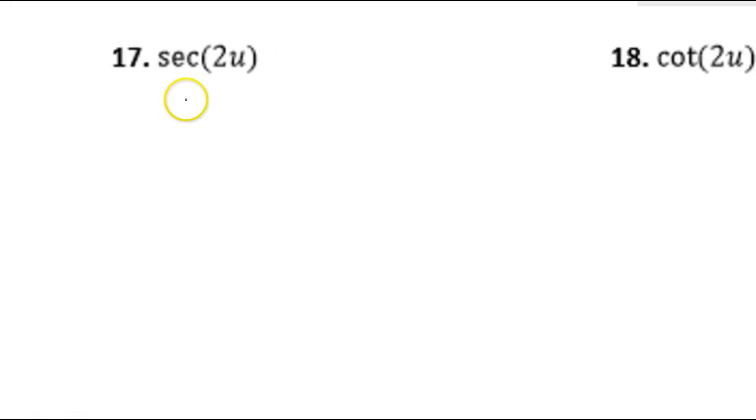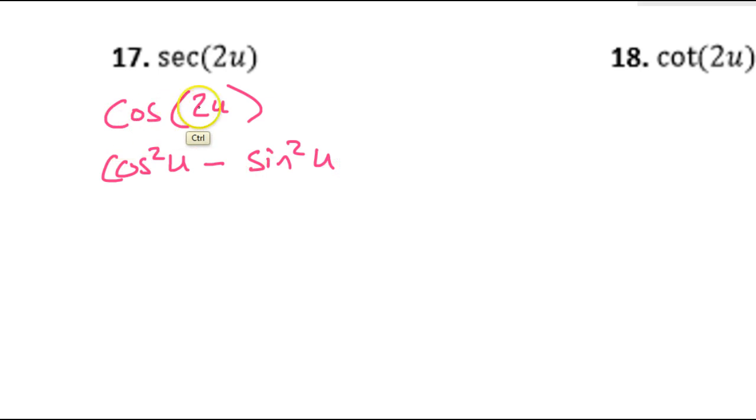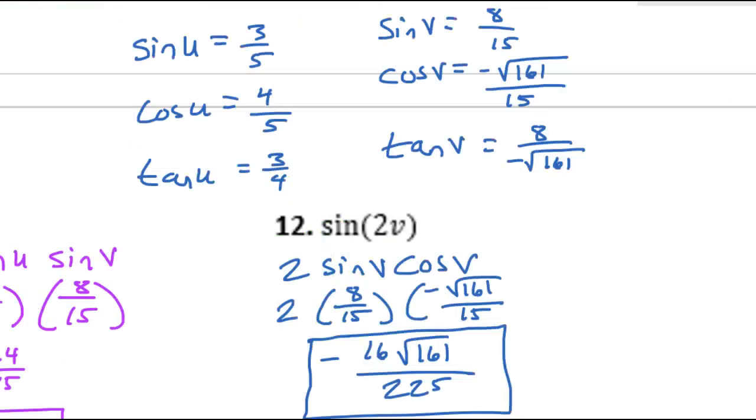Alright, number 17 will be very similar. Secant is the reciprocal of cosine. So I'm going to start off by finding the cosine of 2u. And one of the 3 formulas for cosine is cosine squared u minus sine squared u. Alright, that's how you do the cosine of 2u. So I'm just going to substitute in the values that we have for cosine u and sine u. And we have learned that the cosine of u is 4/5 and the sine of u is 3/5.